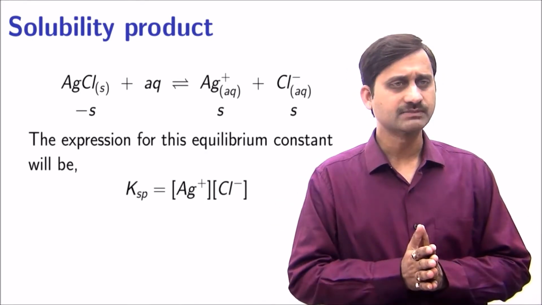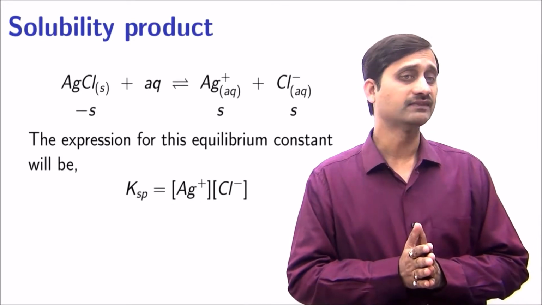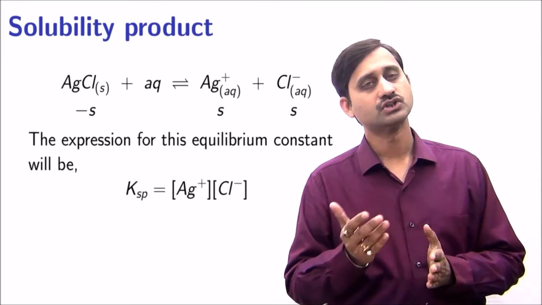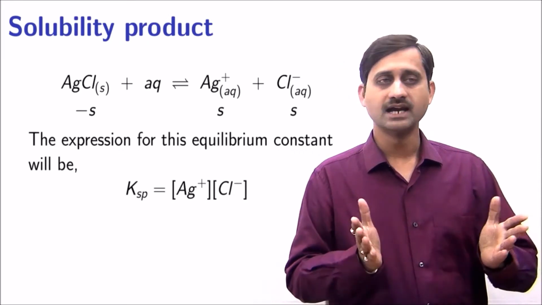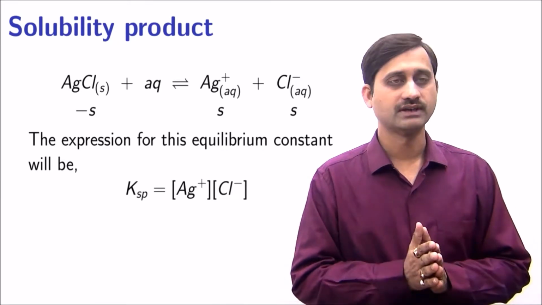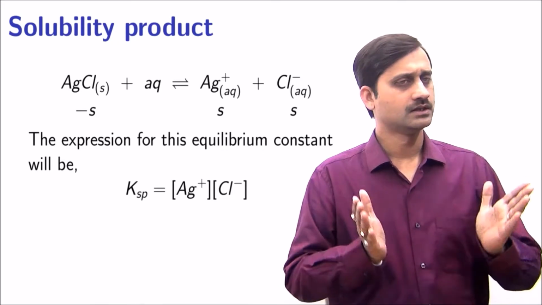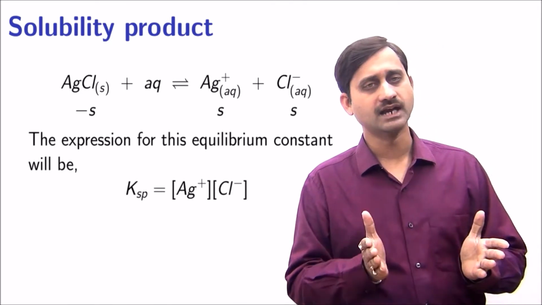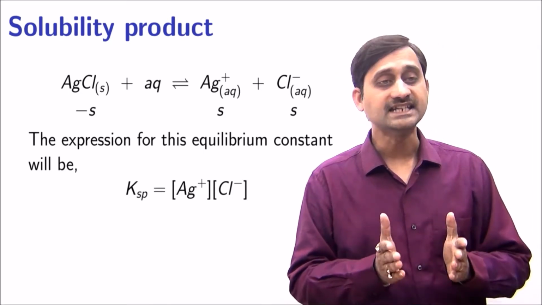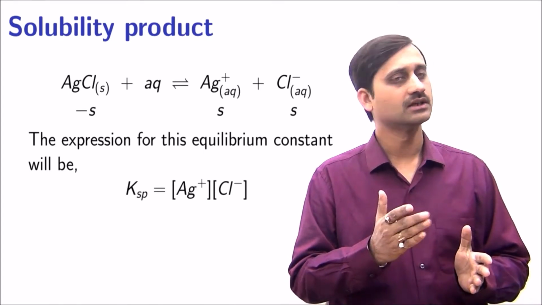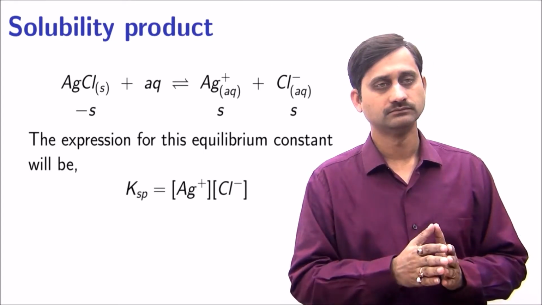There is no denominator in the expression as the left hand side has one solid and the other solvent. The concentration of both remains a constant throughout the reaction. The stoichiometric coefficients of both silver and chloride ions are 1 each. Hence, the power of the concentration is only 1.